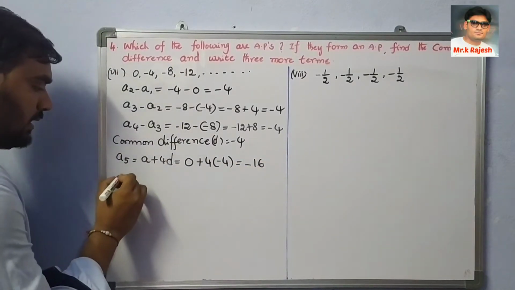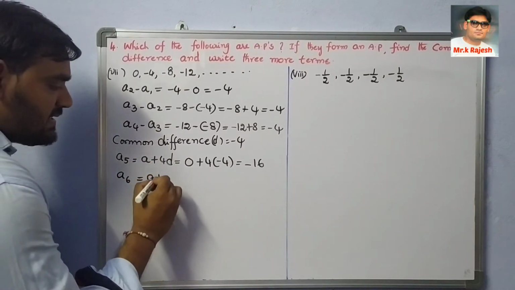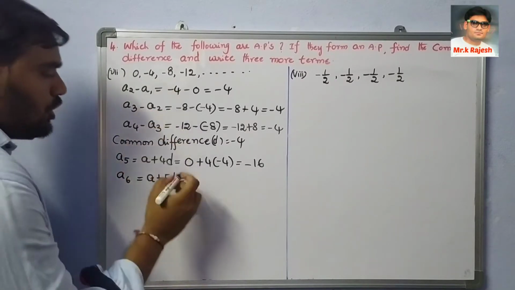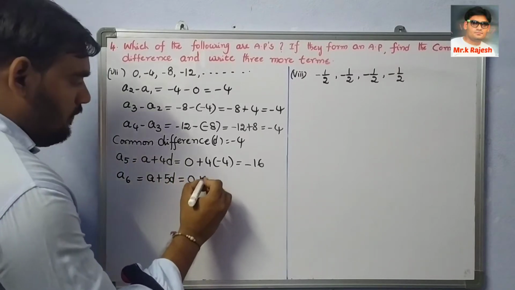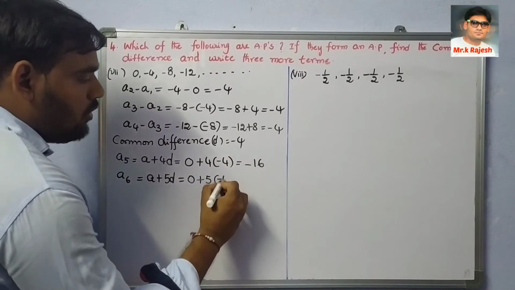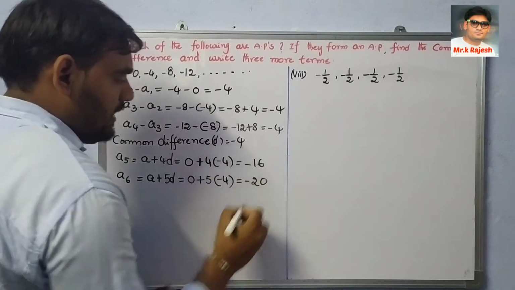Next we need to find A6. So that is A plus 5D. So A value is 0 plus 5 into D value, that is D is minus 4. Here we are getting minus 20.